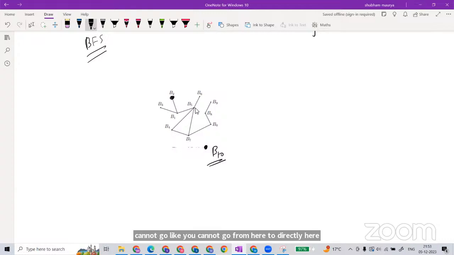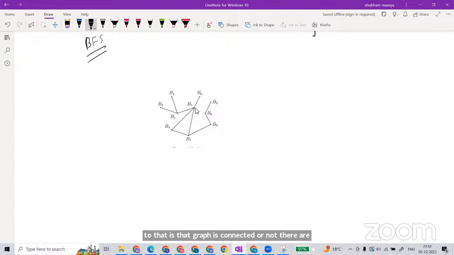So it will tell you that you get two components, or in different words, the graph is not connected. So BFS is generally used to check whether the graph is connected or not, and there are other applications also.